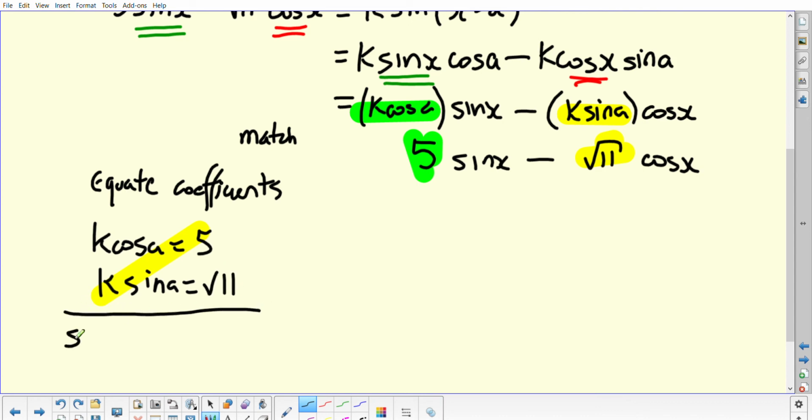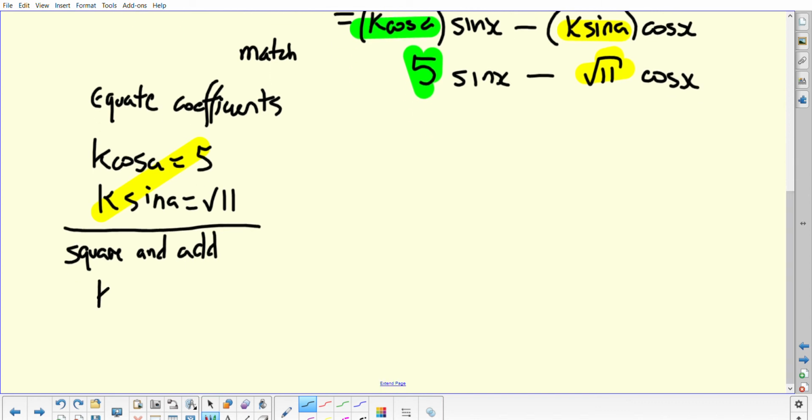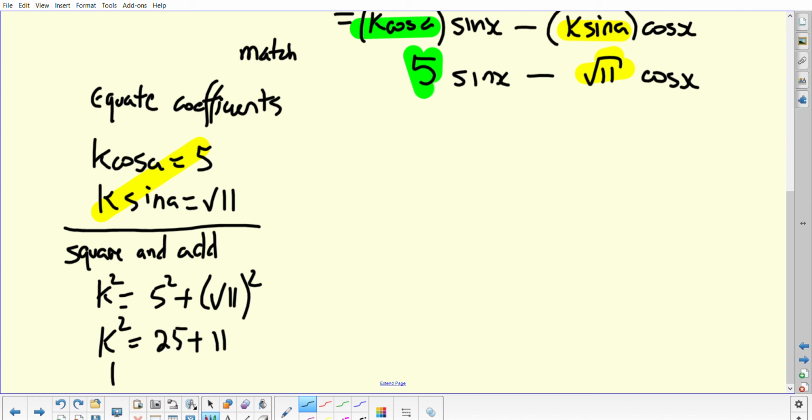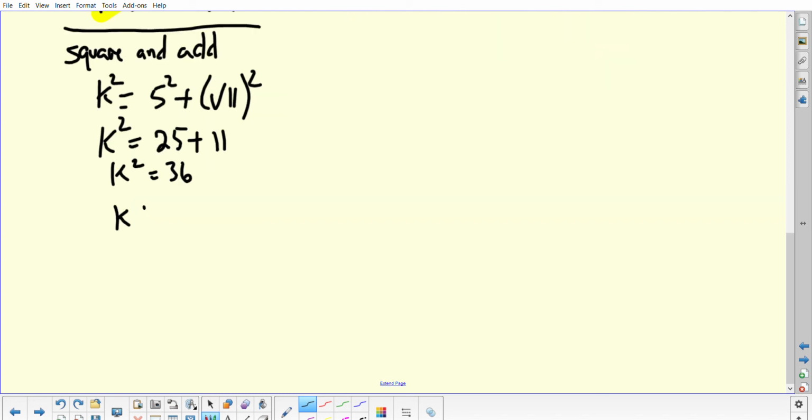Working out your k, by squaring and adding these two things together, you're going to get k squared equals 5 squared plus root 11 squared. So k squared equals 25 plus, square root of 11 squared is just 11, so k squared equals 36. So we get k will be equal to 6.